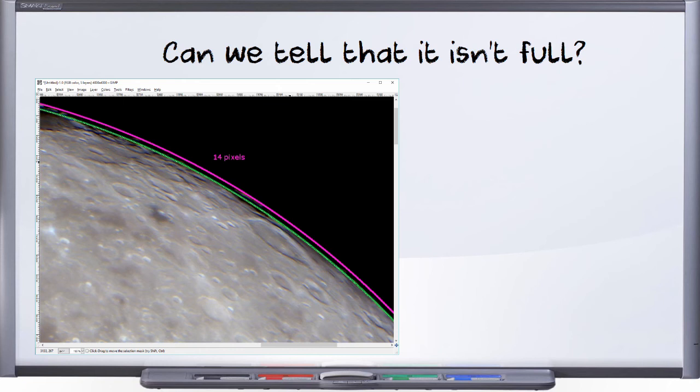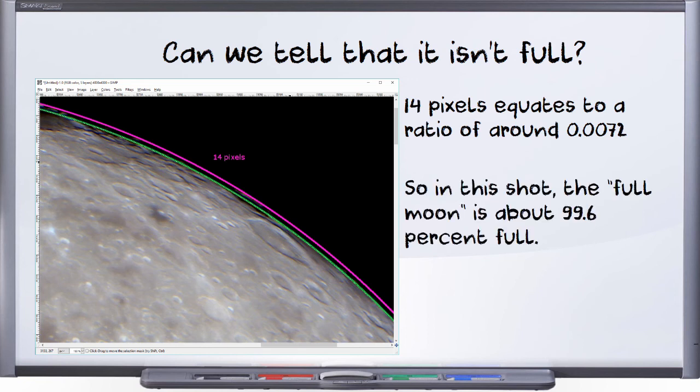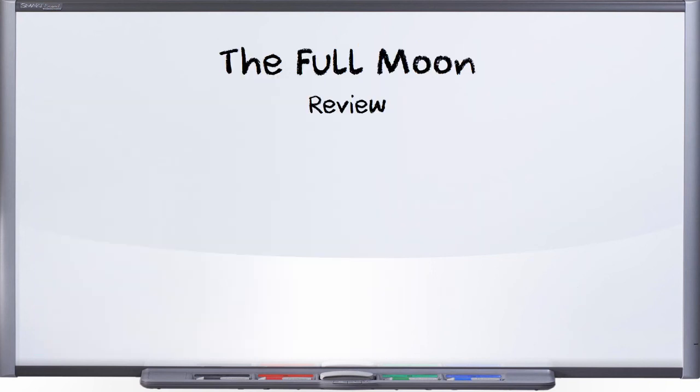That equates to a ratio of around 0.0072. So in this shot, the moon is about 99.6% full. So in this full moon shot, it's not quite perfectly full. And yes, we can tell if you can get a high-res image of the moon.